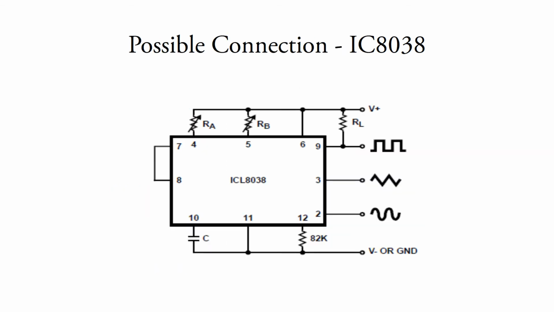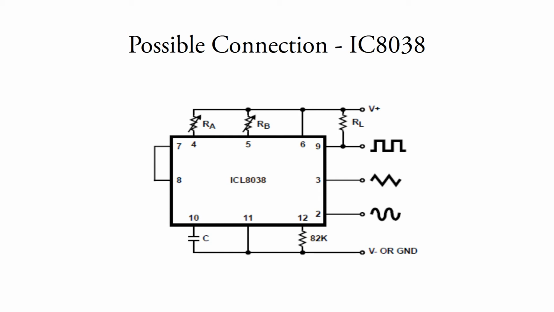So let's see the connection of IC 8038, a 14 pin IC. It's been connected in this way. As I said, the 10th pin is meant for the capacitor connection. At 4 and 5 we have connected the resistors RA, RB. So RA, RB along with this capacitor C decide the frequency of operation. 7 and 8 are interconnected, not used here; they are used for testing the IC 8038. 2 is for sinusoidal output, 3 is your triangular output, and 9th is your square waveform taken across the load resistor.